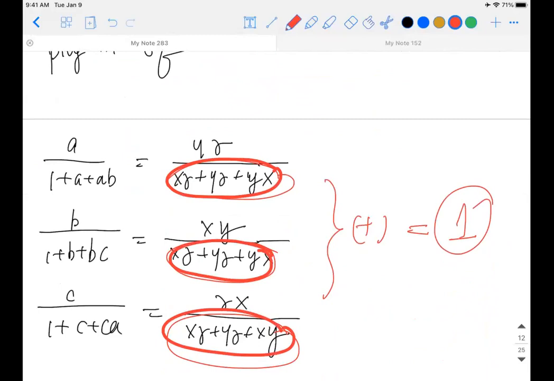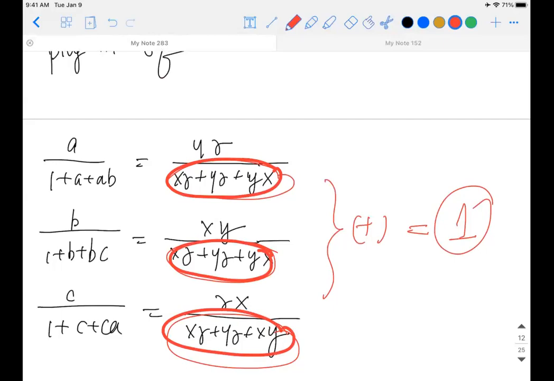Taking it from there, you can add them together. This is one of the very important things I want to show you. And this strategy is actually very common. You can see it in many math competitions. So this is a very important strategy.